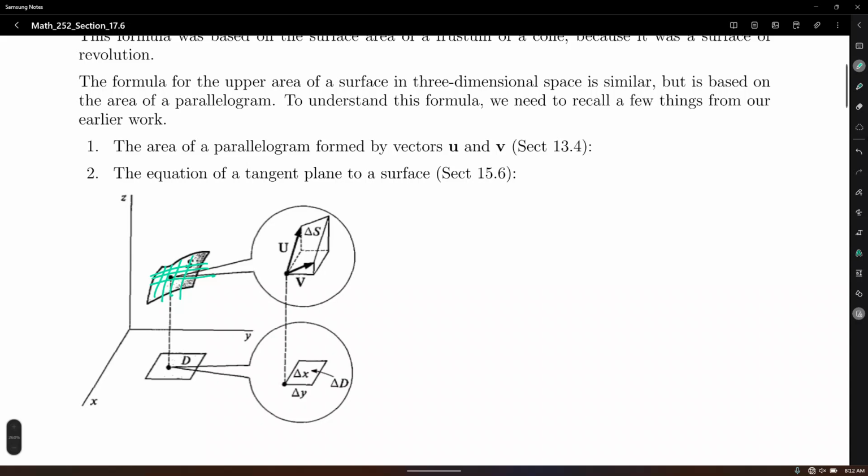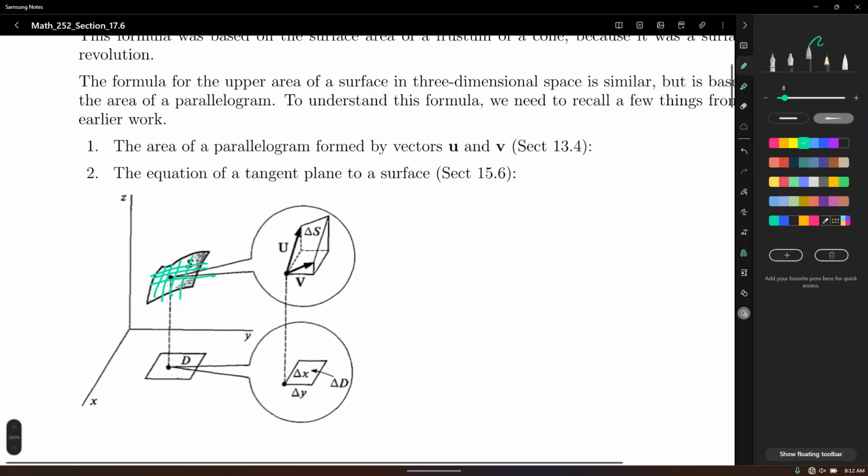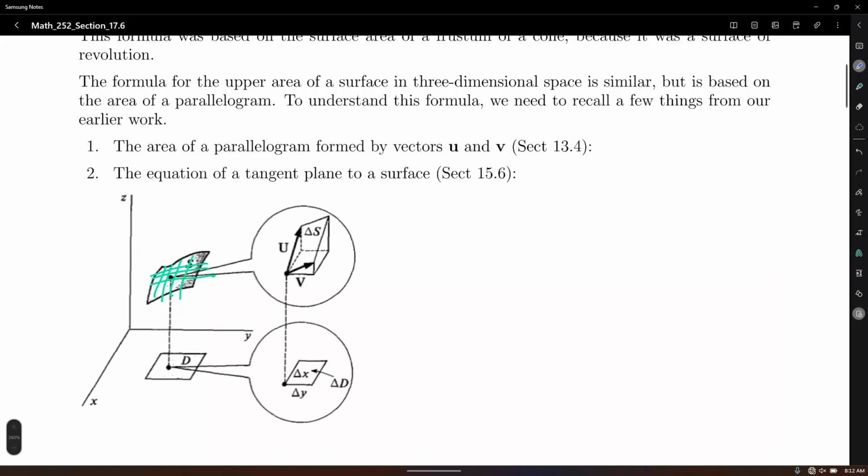But first of all, we need a couple of vectors. We need to deal with some differentials. Number one, how do we find the area of the parallelogram formed by the vectors u and v? Do you remember that one? Area equals what?